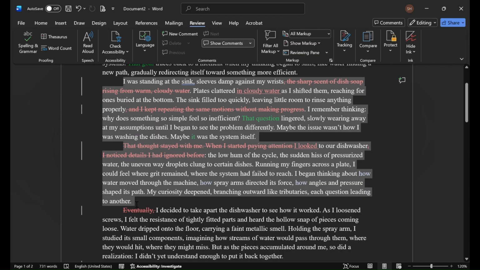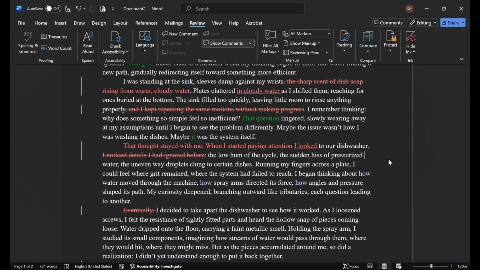They are actually two separate, distinct memories, but I thought we should get rid of this transition and make it look like we were at the sink having difficulty, and then right away I looked to the dishwasher and started to notice how it was functioning. Getting rid of this separation in time makes the two feel more closely related, and it also cut some words and improved our word count.